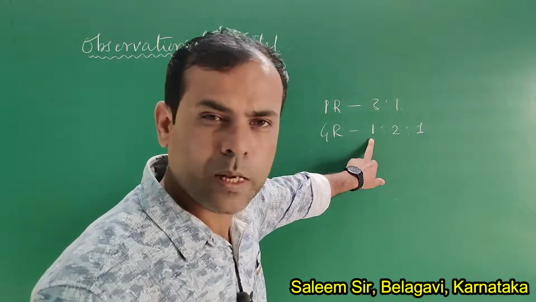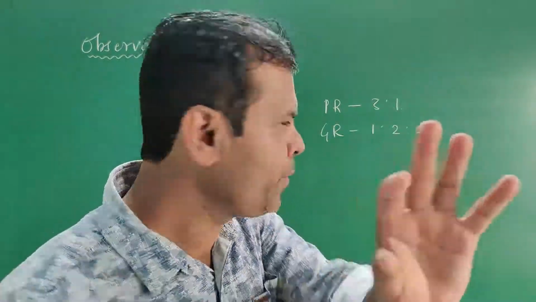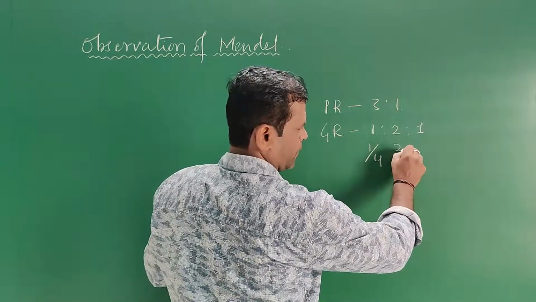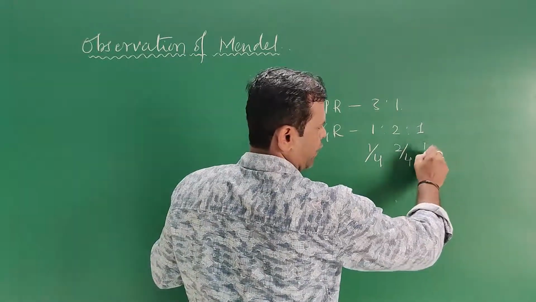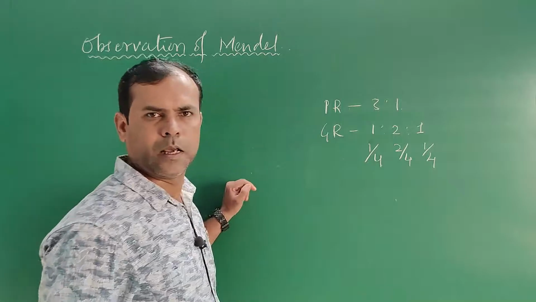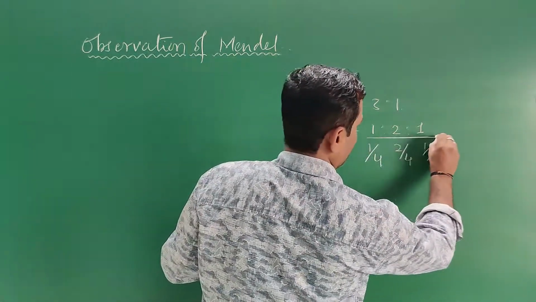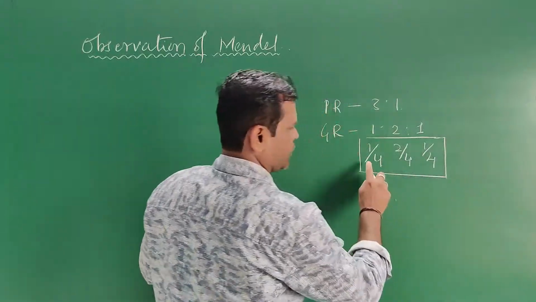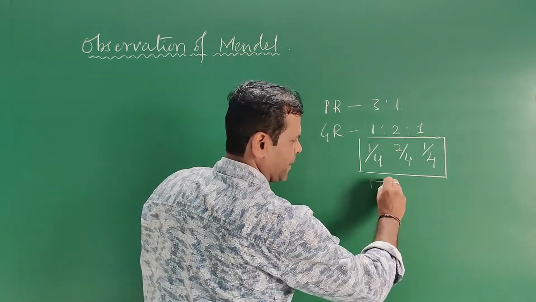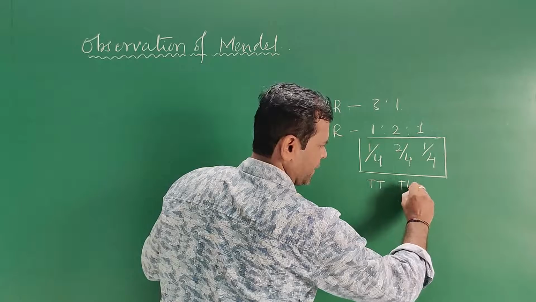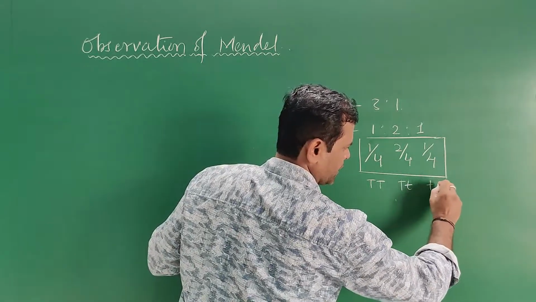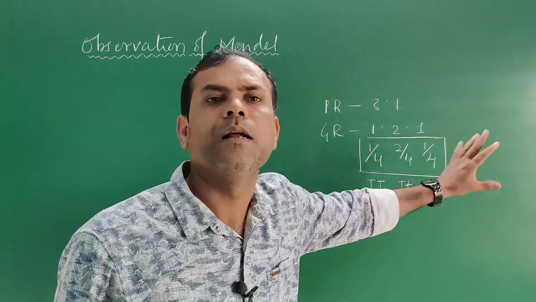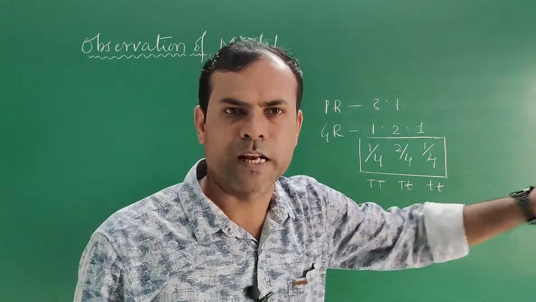Now, this genotypic ratio can also be written as 1/4, 2/4 and 1/4. Am I right or wrong? So the same thing can be written in this form. This 1/4 is capital T, capital T, this 2/4 is capital T, small t, this 1/4 is small t, small t. So this is the result Mendel got at the end of F2 generation.